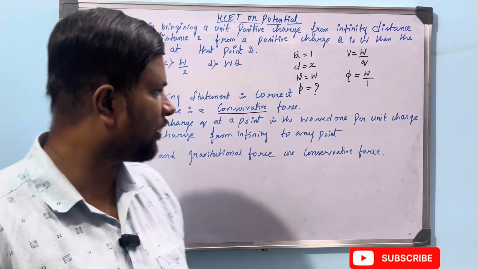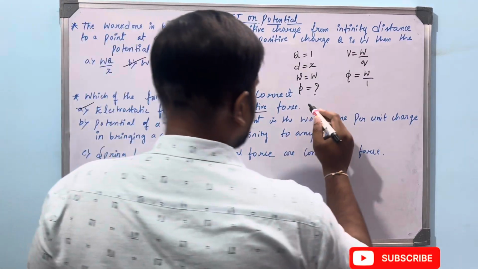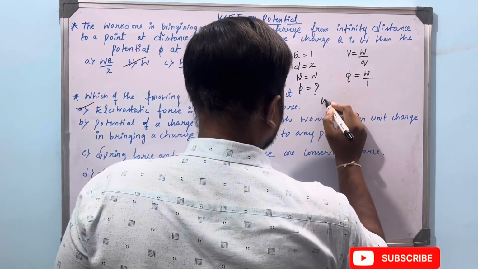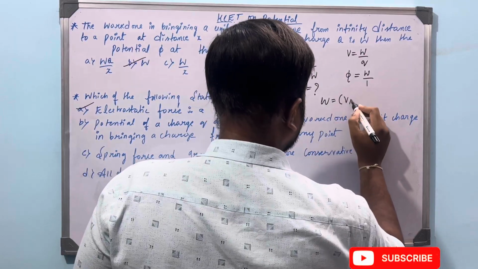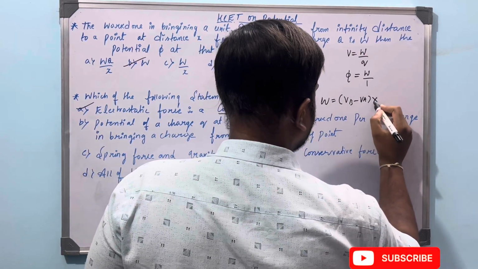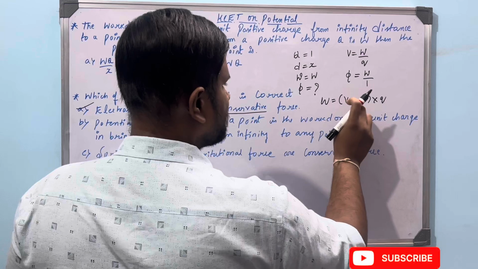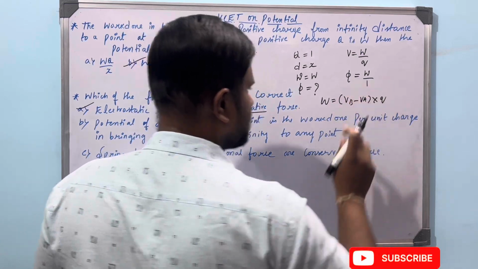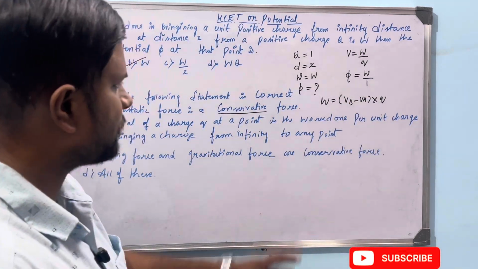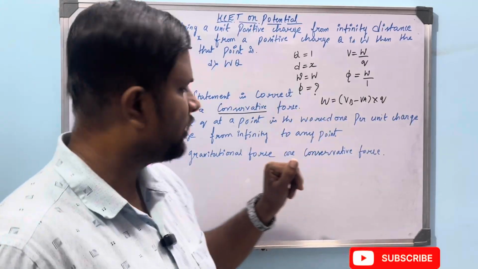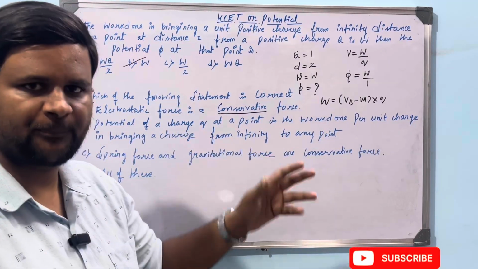The work done for the electrostatic force is W is equal to Vb minus Va into charge. It depends on the final potential minus the initial potential, that is, only on the initial and final positions, so electrostatic force is a conservative force.